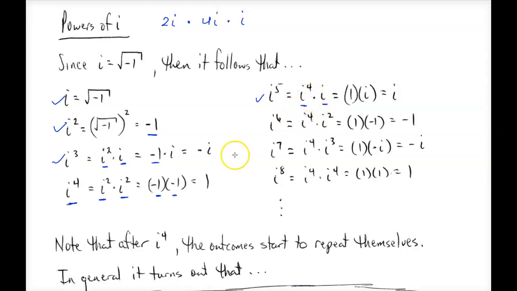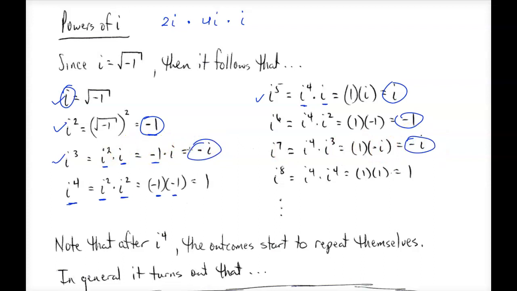And here, i to the 4th is just 1. 1 times i is i. And you notice that this is the same as this. And if we move on up and do i raised to the 6, that ends up being a -1, just like i raised to the 2. And i raised to the 7, of course, we break it down, ends up being -i, just like i cubed is -i.